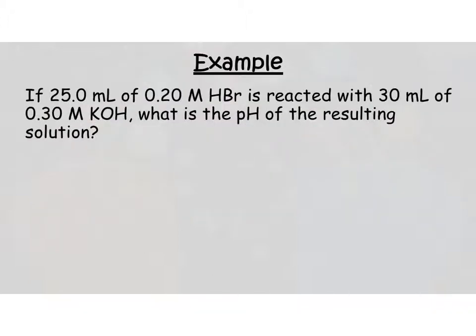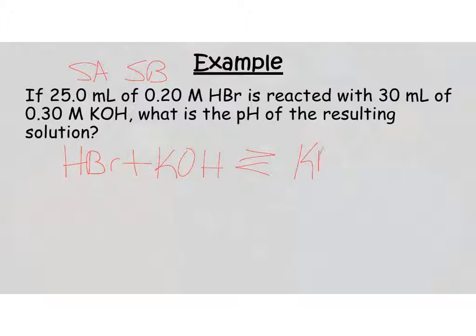Okay, so here we go. So we have 25 mL of the 0.2 molar HBr, and we're going to react it with the KOH. Okay, so we get an acid and a base. Strong acid, strong base. So when they react, they're going to form KBr and, of course, H2O or HOH, whichever you'd rather, water.